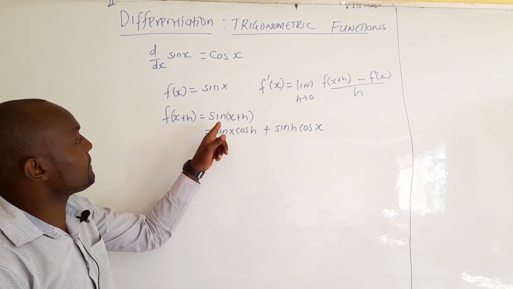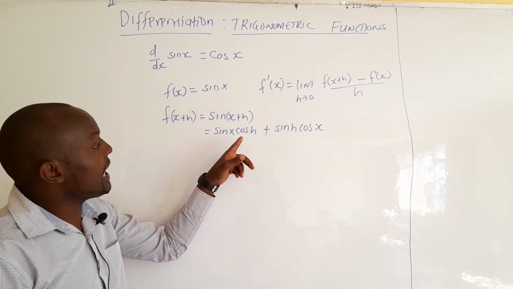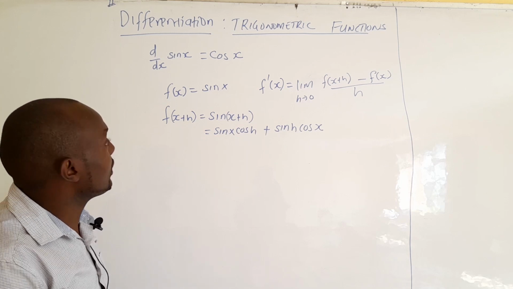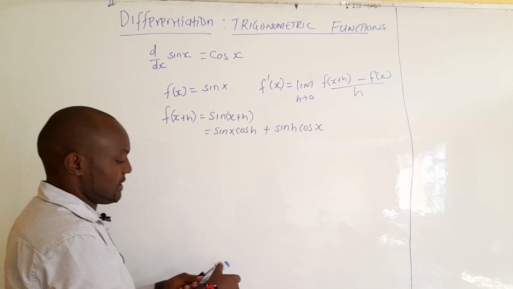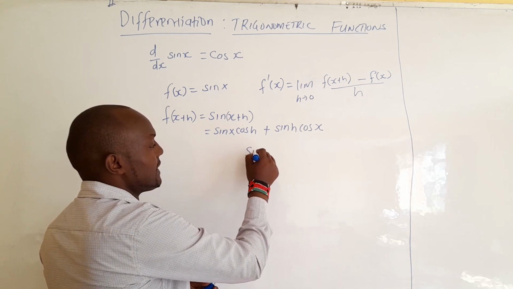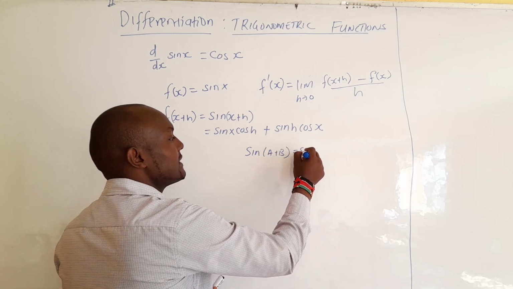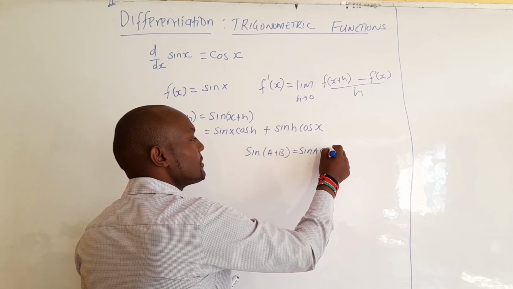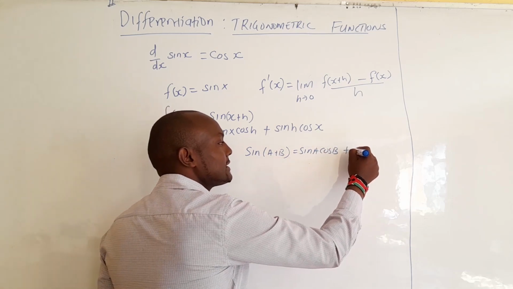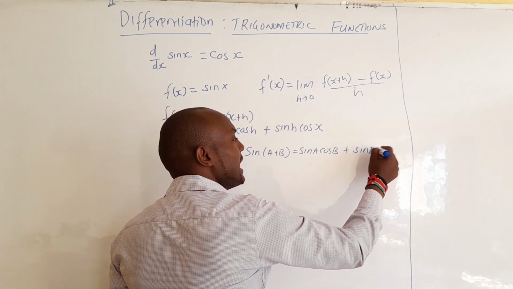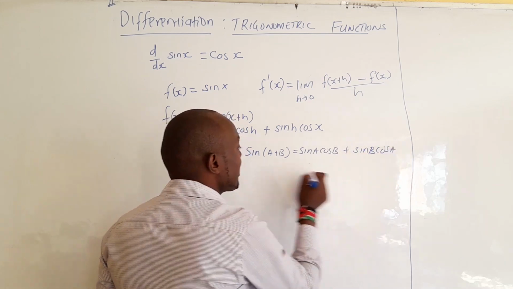So how do we expand sine of x plus h? If you are given sine of a plus b, it is sine a cos b plus sine b cos a. That's how we expand this one.